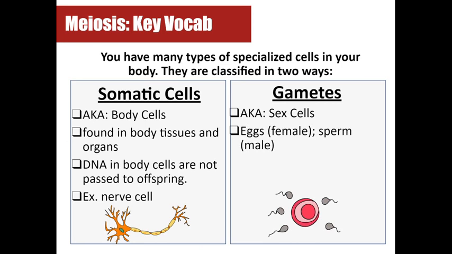Eggs are going to be found in females, and the sperm is going to be found in males. So the DNA in gametes can be passed off to offspring. An easy way to remember that is gametes are only sex cells, while the somatic cells are what makes up everything else.